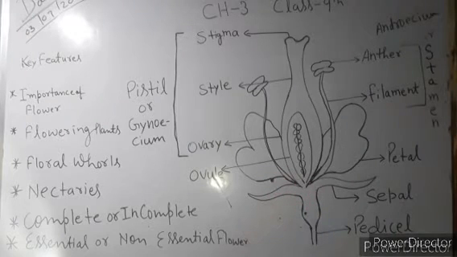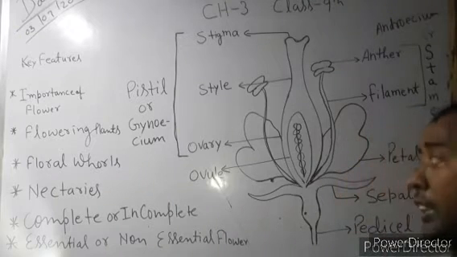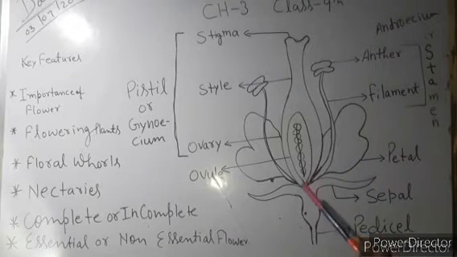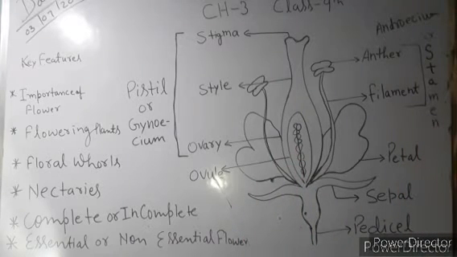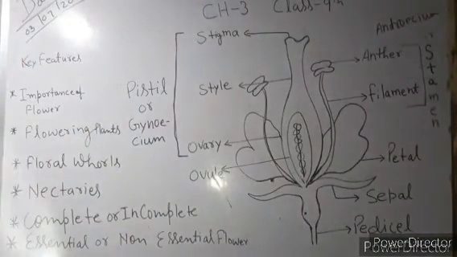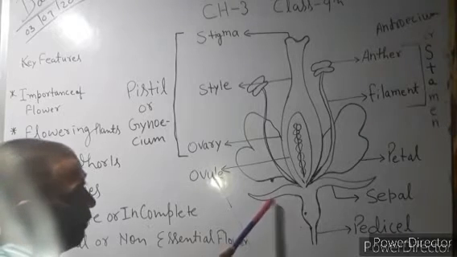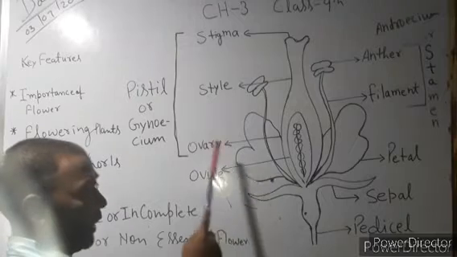Now when we are talking about the floral whorls, that means there are some whorls of the flower. We can say that there are exactly 4 whorls of the flower. First is sepals. After sepals, on the inner side, are petals.